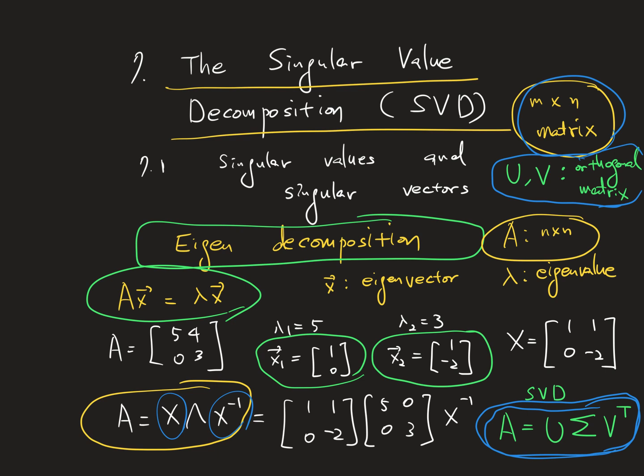Sometimes singular values and eigenvalues are the same. For a real symmetric positive semi-definite matrix, the singular value decomposition is exactly the same as the eigen decomposition, but in other cases they're not equal. Also, the singular values are always non-negative, and that is also important. This is an overview, and then we will keep going.